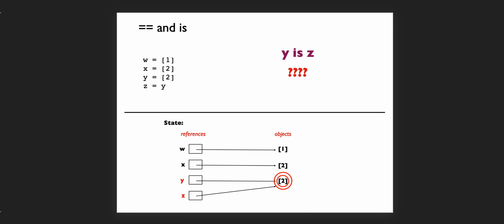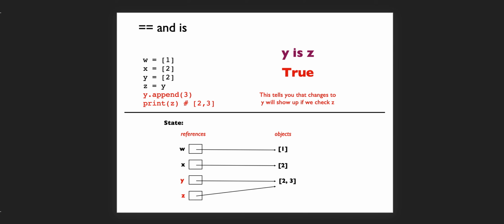Whereas when you say y is z, that's going to return true because they are two references pointing to the same object in your heap. Often you would want to use the double equal to comparison, and it's very unlikely that you would need the is operator, but you should definitely know how it works.